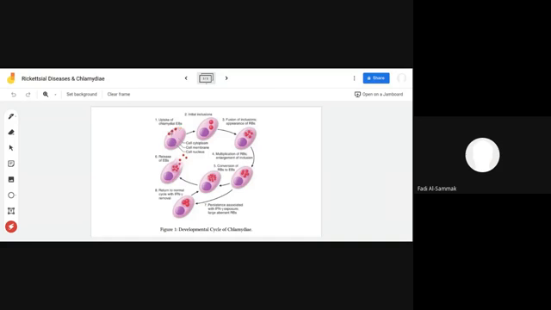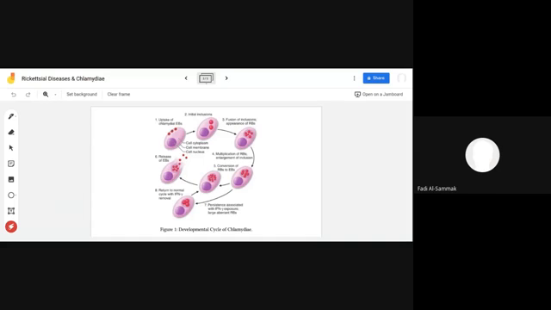Now, the first thing to happen is that the elementary body attaches itself to the host cell. And this is usually achieved by some molecules, proteoglycans, and also major outer membrane proteins, MOMP for short, and glycosylated MOMPs on the surface of chlamydia.